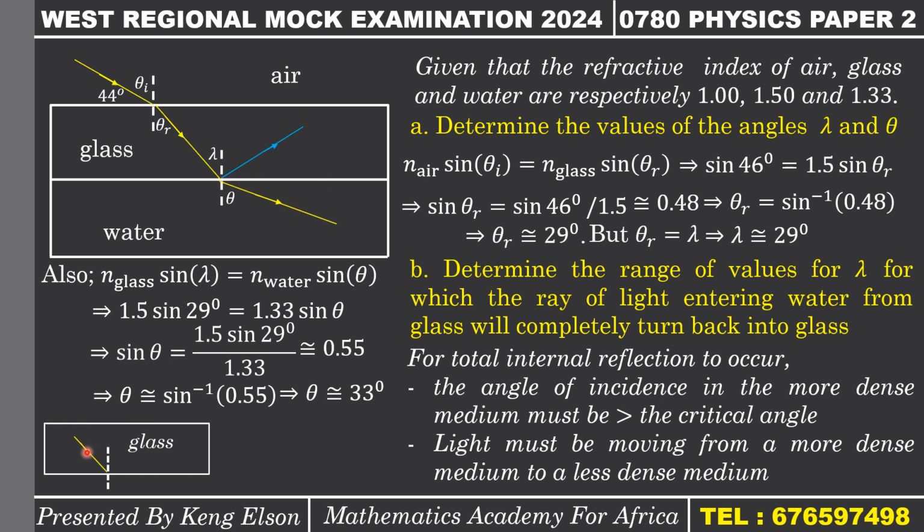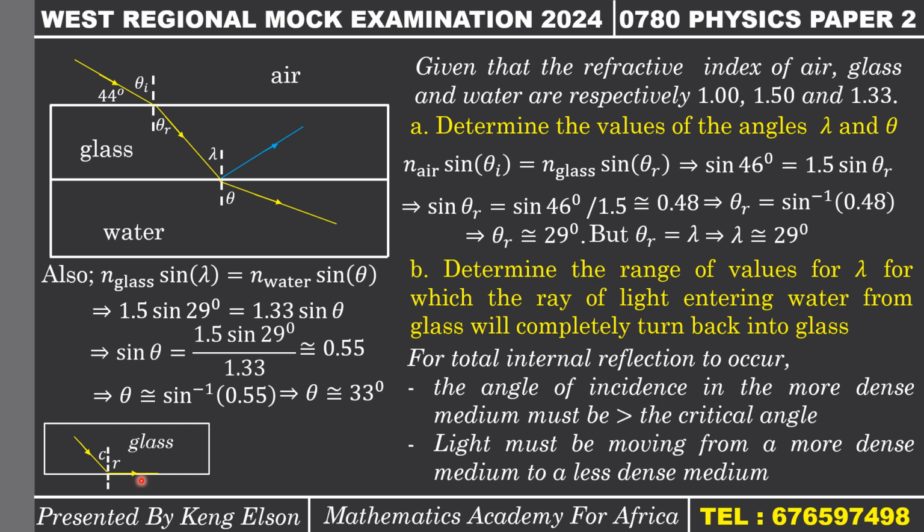So when the ray of light is incident on the bottom surface of glass, and we have a situation such that the angle of refraction is 90 degrees, then the critical angle is the angle of incidence in that situation. So the critical angle is the angle of incidence in a more dense medium that will produce an angle of refraction in a less dense medium of 90 degrees.